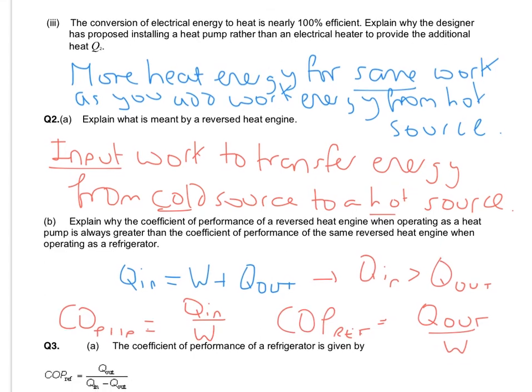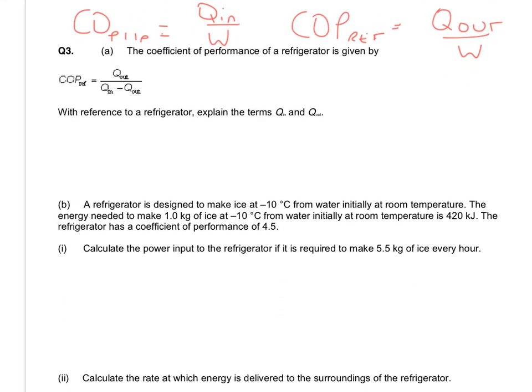Okay, let's move on to the next question. The coefficient of performance of a refrigerator is given by this expression here. Explain what Q in and Q out are. So essentially, this is your refrigerator here. You're putting work in, and then you've got your hot space.